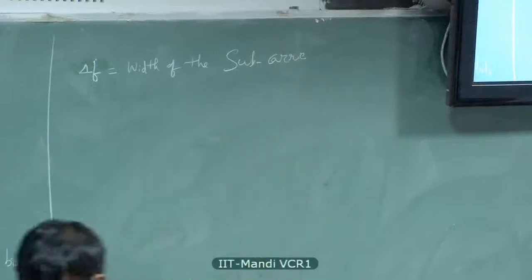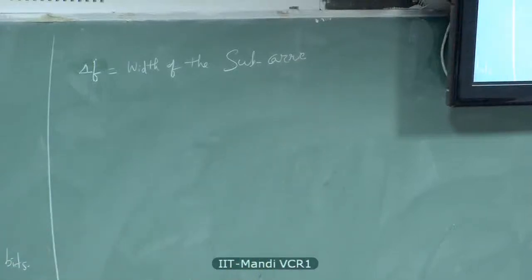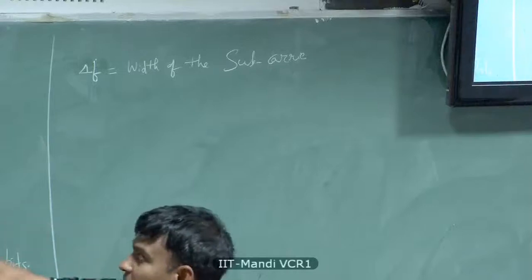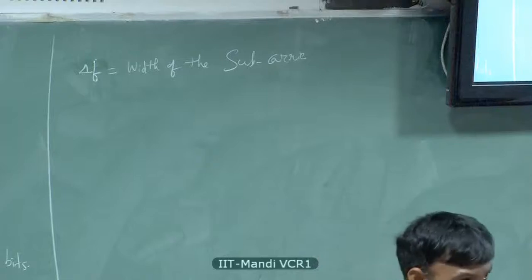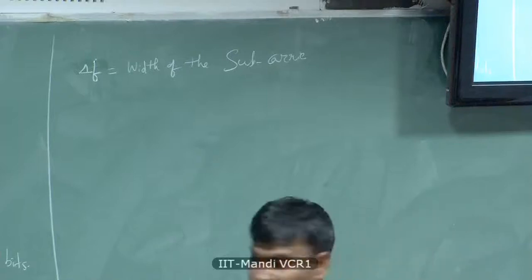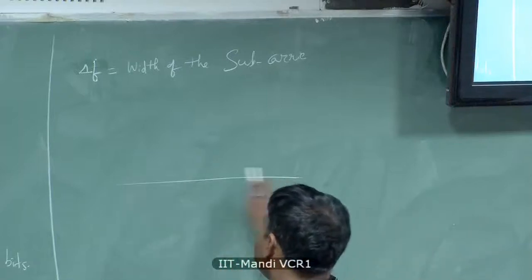What is a subcarrier? Well, you can think of xk, ranging from 0 to n minus 1, as n tones being transmitted in the frequency domain. You can visualize them as n tones being transmitted.